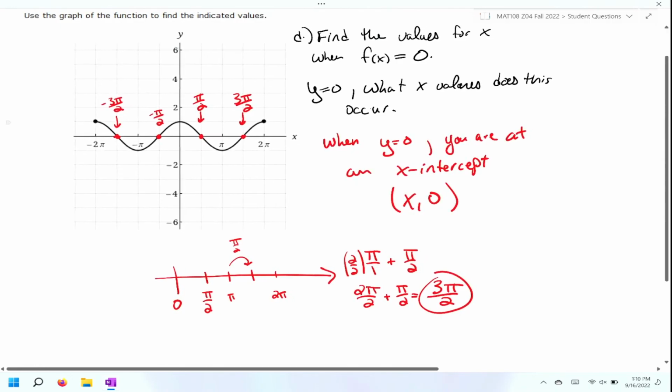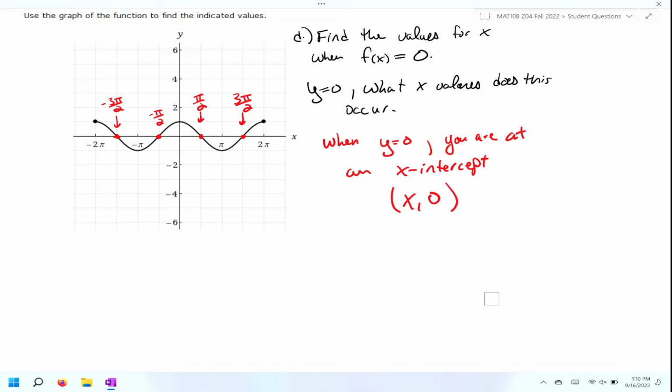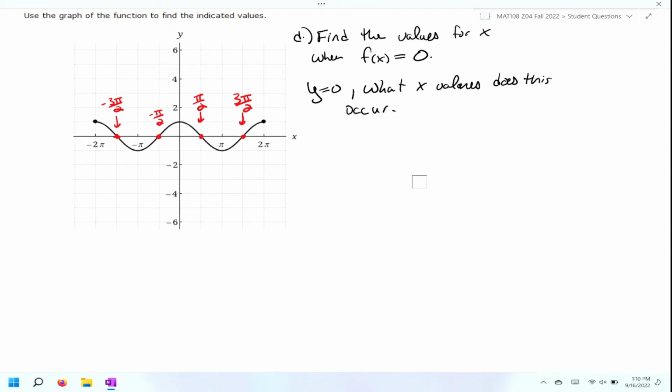So when we ask the question, find the values for x when f of x equals 0, what they're really saying is, y equals 0, what x values does this occur at? Well, it's going to occur at x equals negative 3 pi over 2, comma, negative pi over 2, comma, pi over 2, comma, 3 pi over 2.